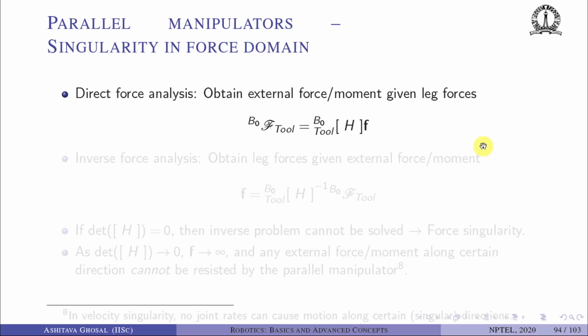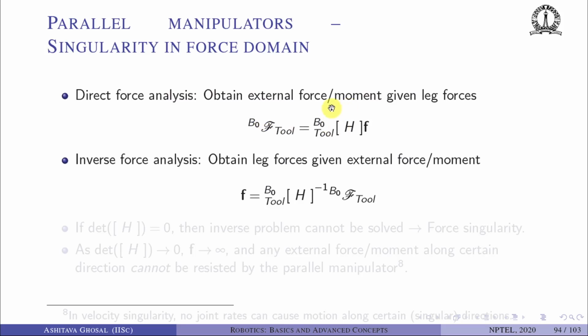Now let us look at the singularity in the force domain. What is the direct force analysis? Obtain the external forces and moment given the leg forces. The leg forces are this vector F, and if we know the force transformation matrix, we can find the external forces and moments. How about the inverse? Obtain the leg forces given the external forces and moment.